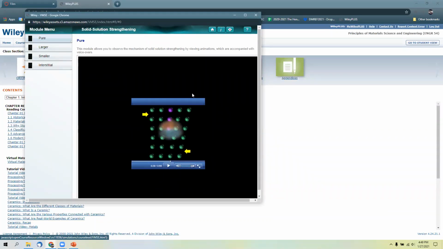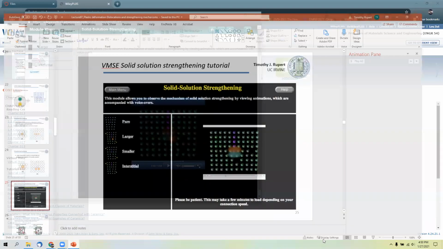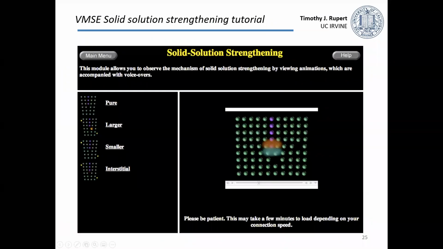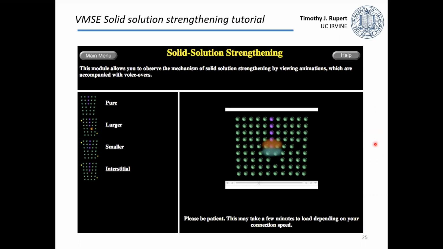We won't listen to the whole video, but in this case, they're showing the stress fields around the dislocation, and then how they interact with lattice defects, and how those defects want to interact and move to be in certain places around that dislocation and relax that strain field. So that's a helpful tool for moving around and playing with and understanding those things.